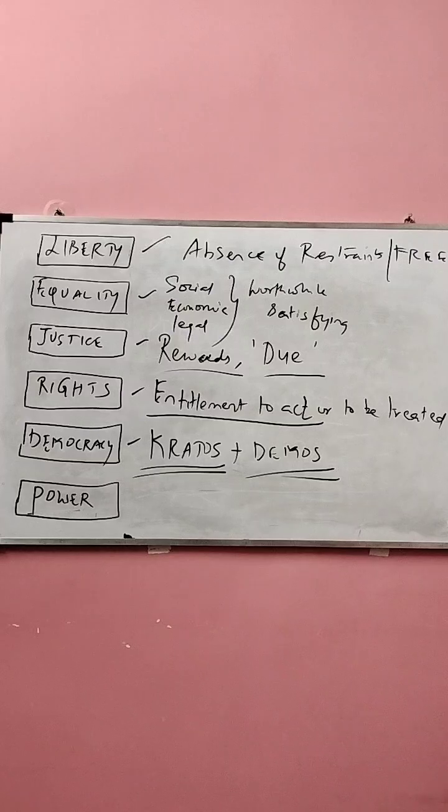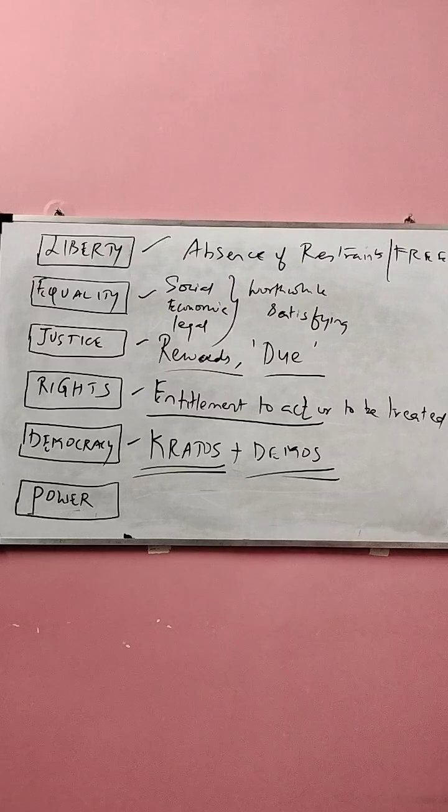Democracy was seen differently during the ancient period. Scholars like Aristotle and Plato did not consider democracy a good form of government. Aristotle considered democracy a mob rule. Plato hated democracy because his guru Socrates was killed by the democrats in ancient Greece, Athens.